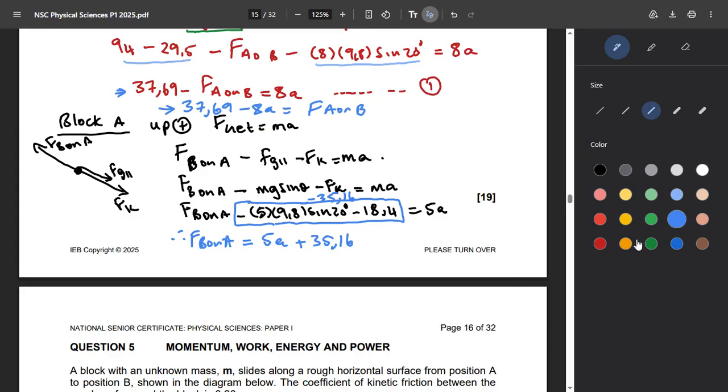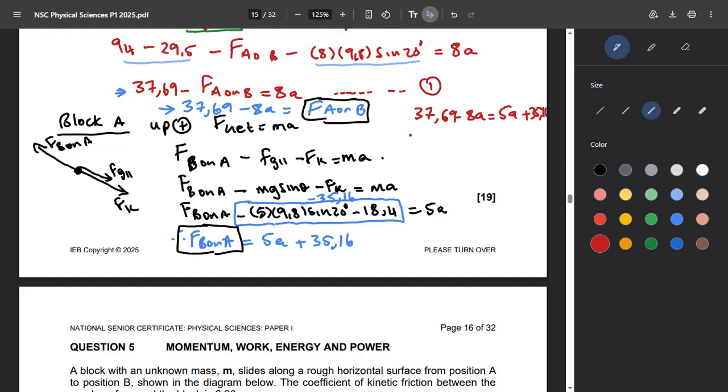So now look at this. Remember, according to Newton's third law, the force A on B is equal to the force B on A. You understand? These two forces are equal. So since they are equal, I can take my 37.69 minus 8A, and equate this to 5A plus 35.16 to find the acceleration.